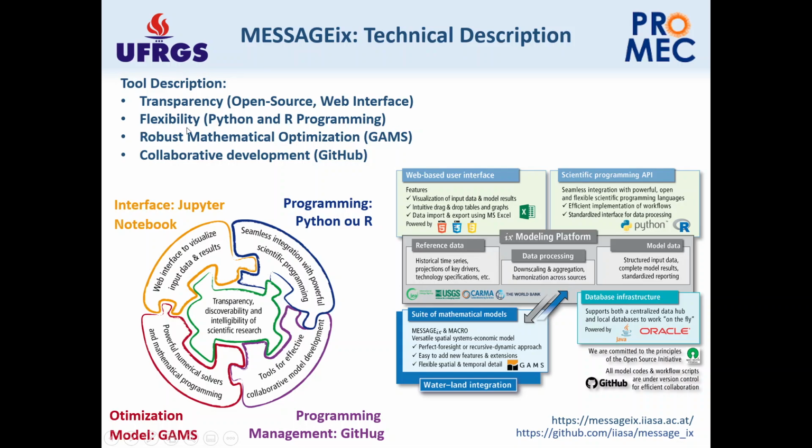Flexibility. So why flexibility? Because it can be used with either Python or R programming. So if you know how to program in Python or R, it works. The Python formulations are not very complicated. Natalia is going to go through this tomorrow with you. It's just going to go through some tutorials.